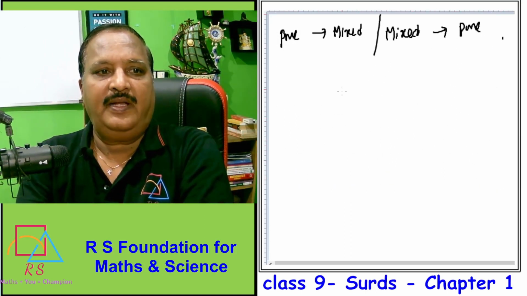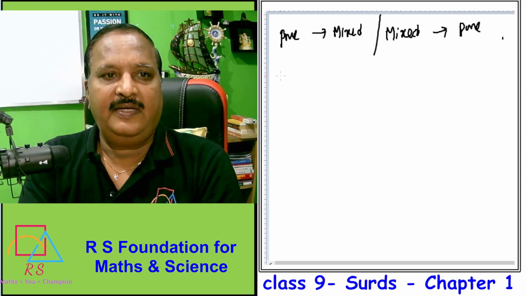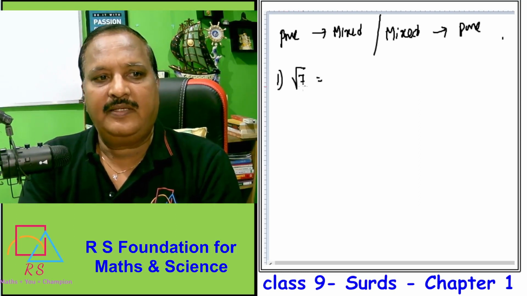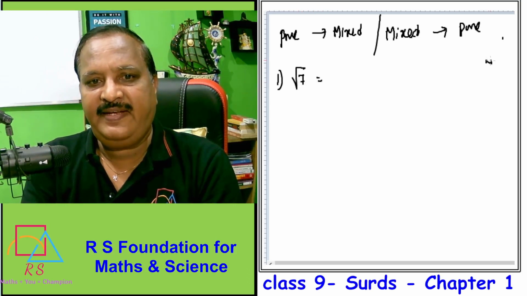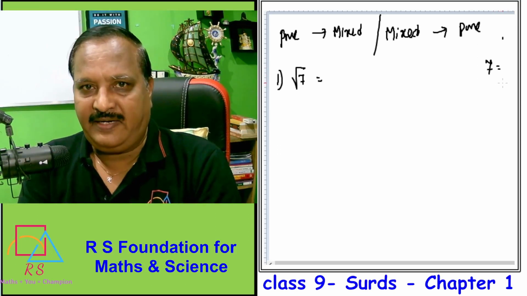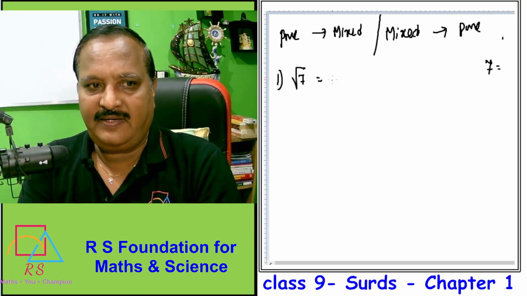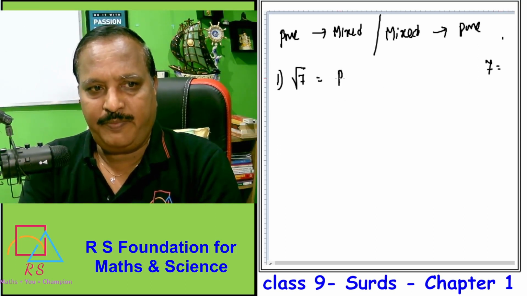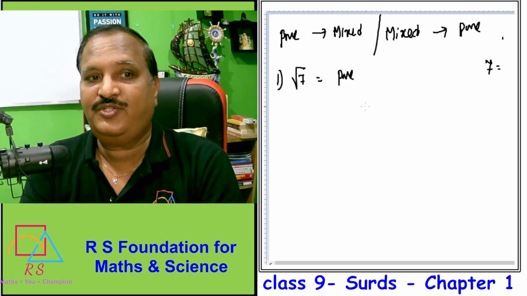Now I will take a pure surd. Example 1, square root of 7. 7 cannot be expressed as a product of prime factors. 7 itself is a prime factor. It is 100% pure only. You cannot convert this into a mixed surd.